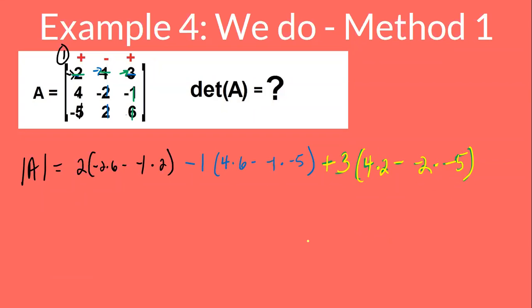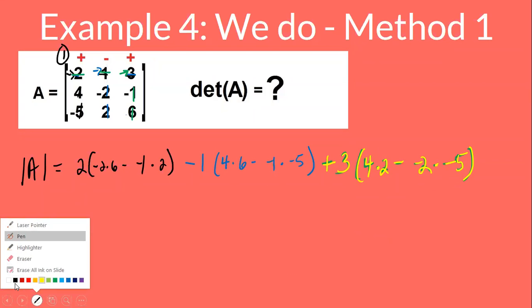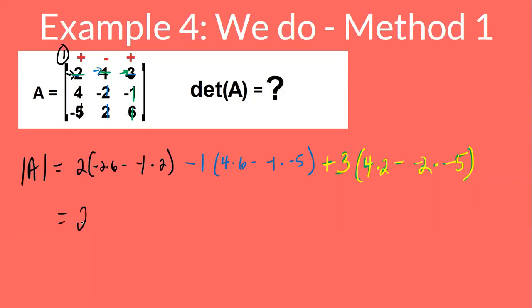There we go. And now after I've set it up, all I'm doing is evaluating. So this equals 2. I have negative 12 plus 2 minus 1, 24.